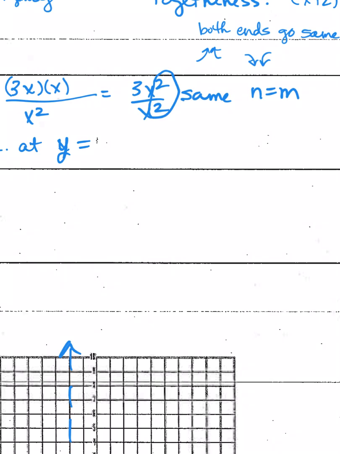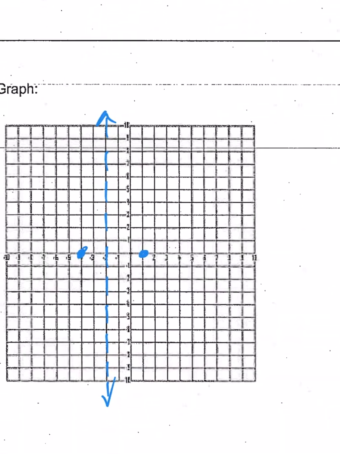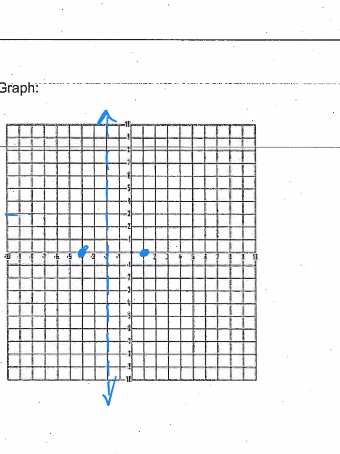What's the coefficient on the bottom? 1. So we have a horizontal asymptote at y equals 3. Let's put that on. Now, remember, do horizontal asymptotes have anything to do with the middle of the graph? Can the graph cross the horizontal asymptote? Yes. It only means the ends go towards 3, doesn't it? Isn't that what it means?